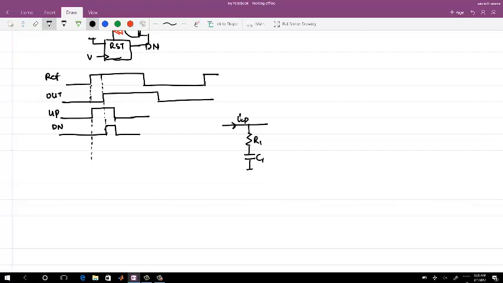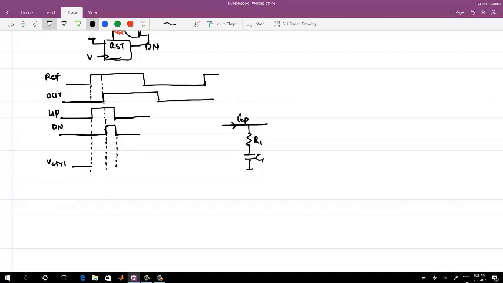Now I want to plot V control. What happens to V control? Let's say this is 0.